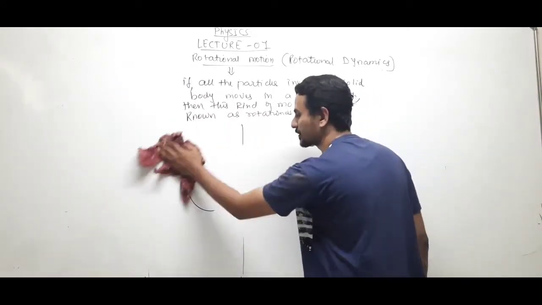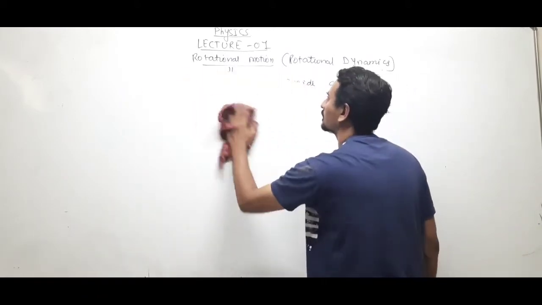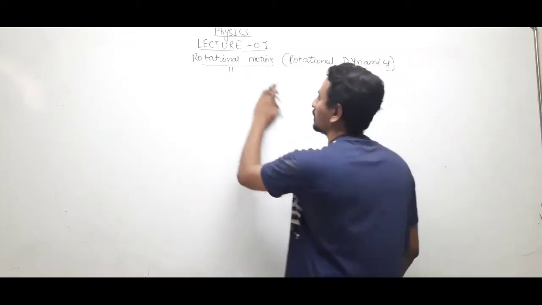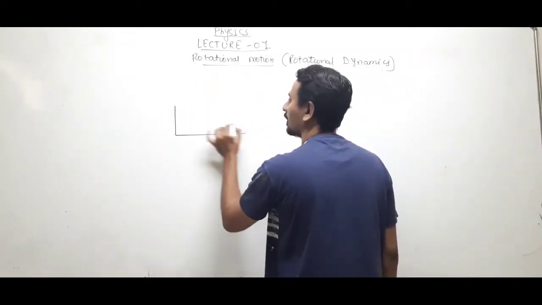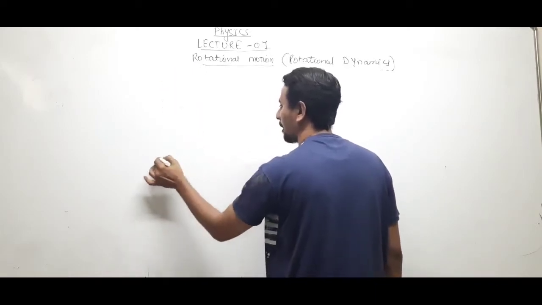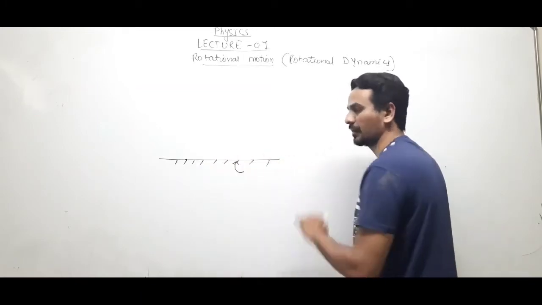Of course, rolling motion is not required now, but suppose, okay, this is a surface having some friction, right?